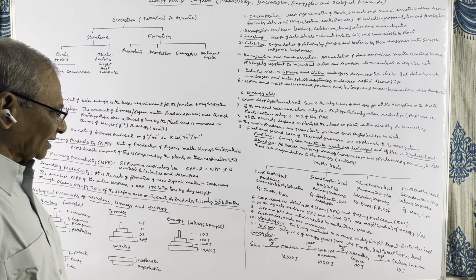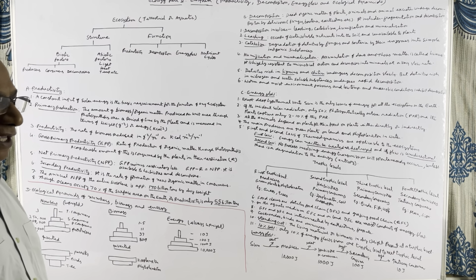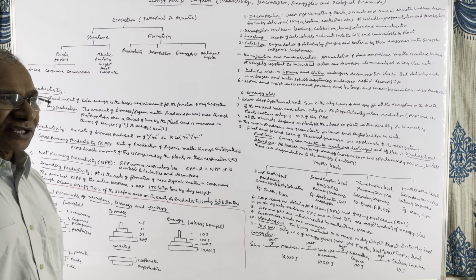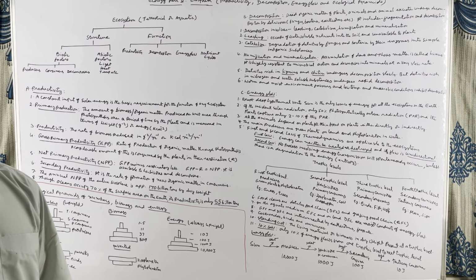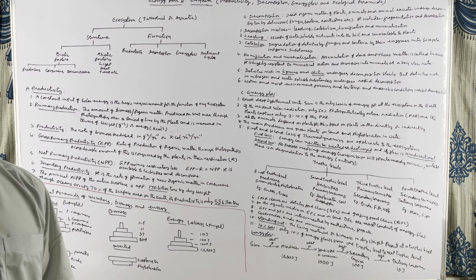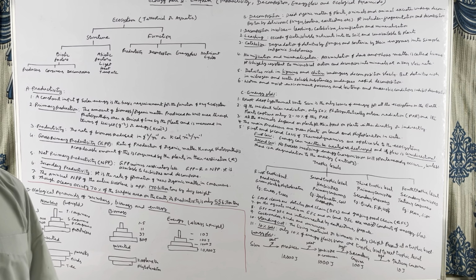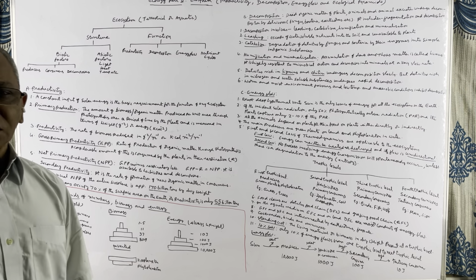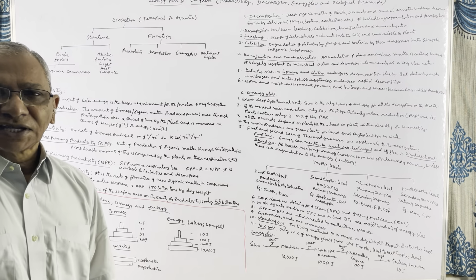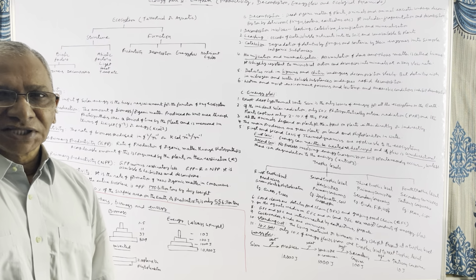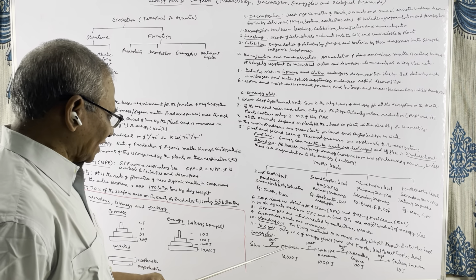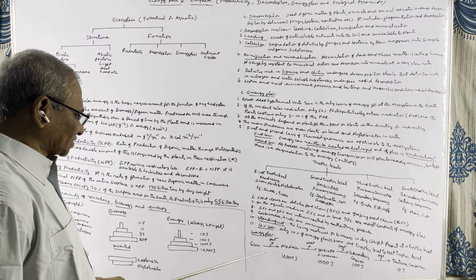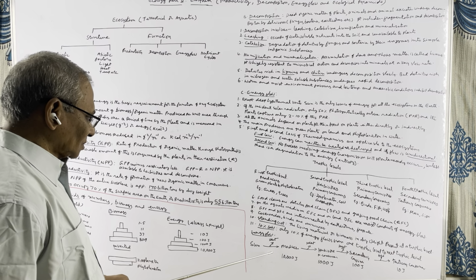This law says that only 10% of the energy present at a particular trophic level is transferred to the next trophic level. That means an enormous amount of energy is lost at every level in the ecosystem. You see here, this is the sun, this is the producer.